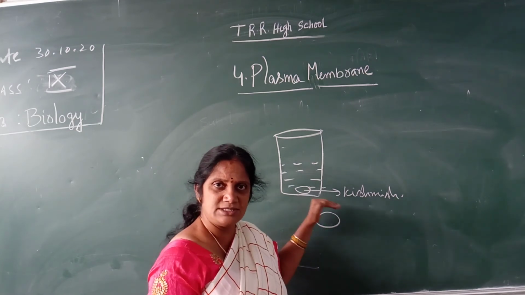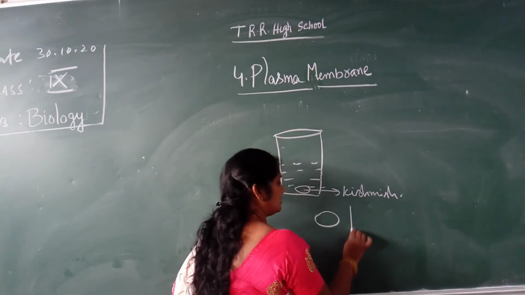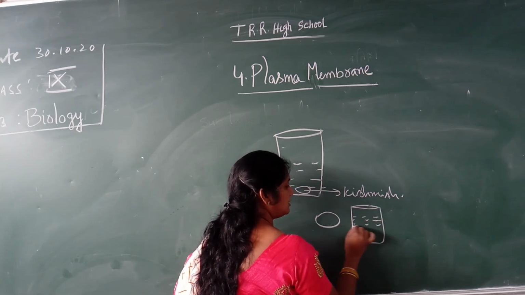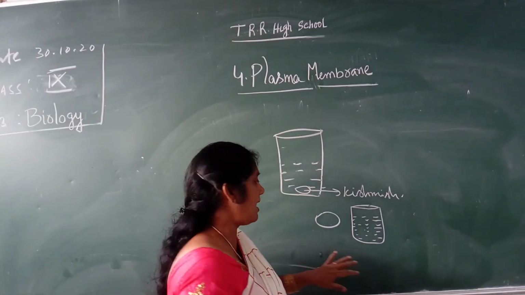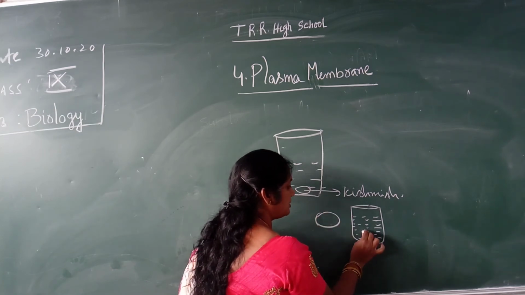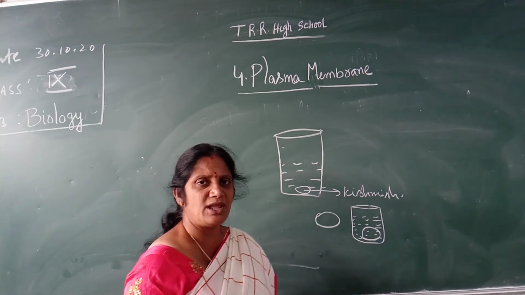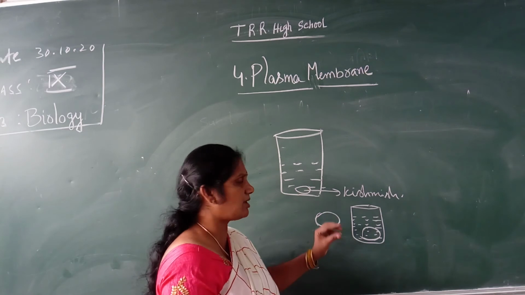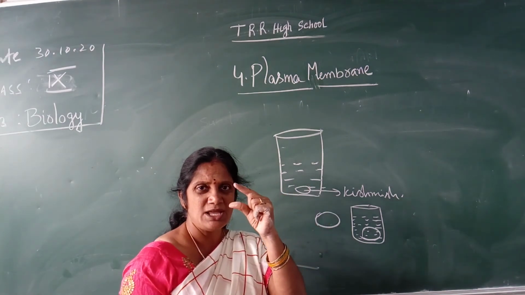Now, take a beaker and take a sugar solution in it. Saturated means it should contain more sugar. Keep the same swollen raisin in the beaker and leave it for nearly 1 day. When you observe again, its size will be reduced. That means it will be shrunken.